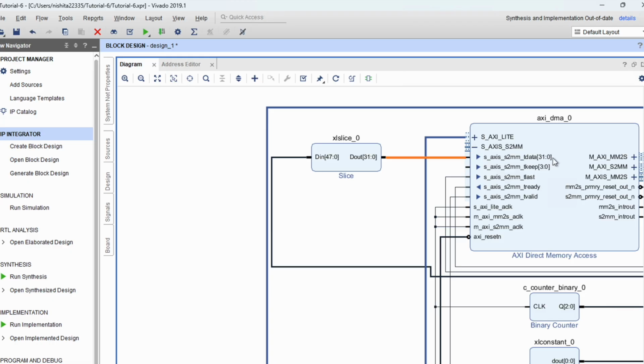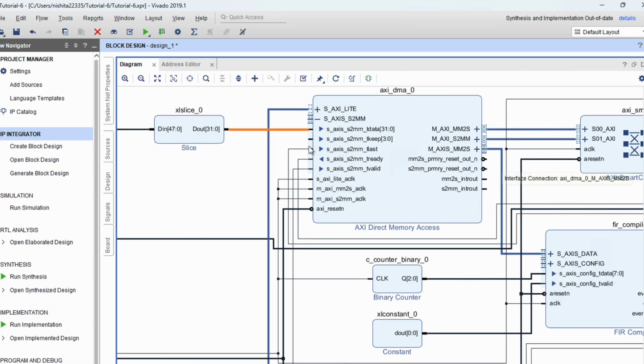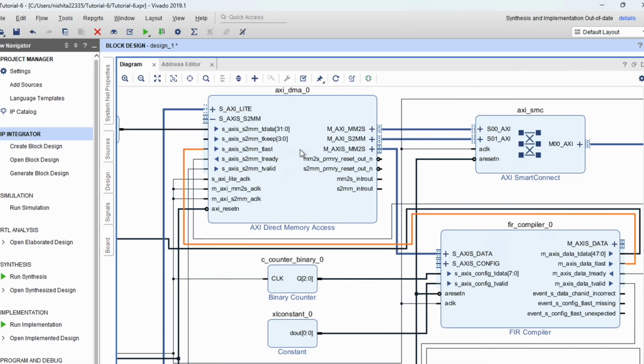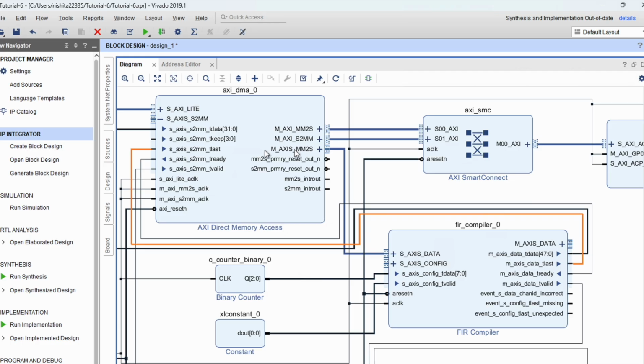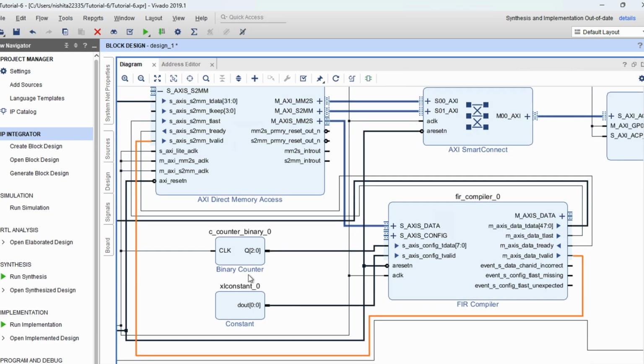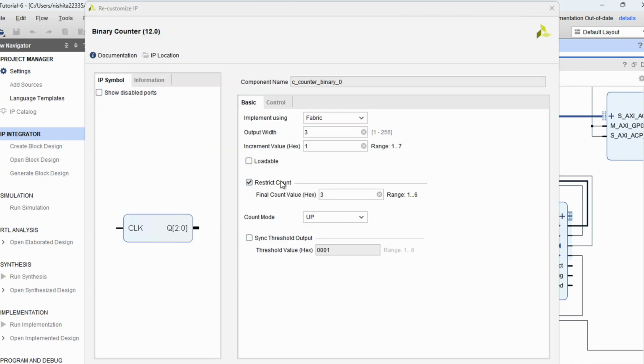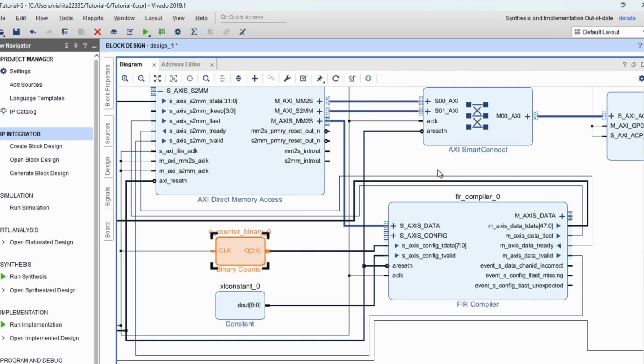and gives them to the DMA. Next I have correspondingly connected the TLAST, TREADY and TVALID signals from the slave interface of the DMA to the master interface of the FIR compiler. At last I have taken a binary counter that goes from 0 to 3, as that is the field select line range, and gives it to the S-axis config T data.